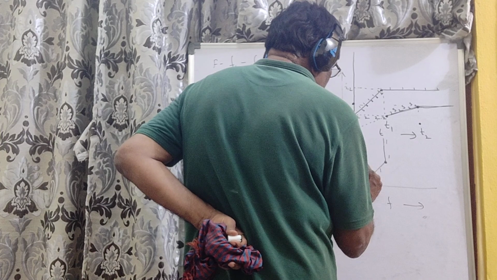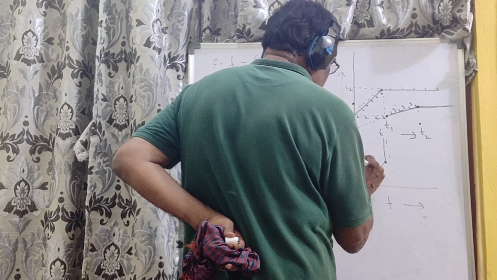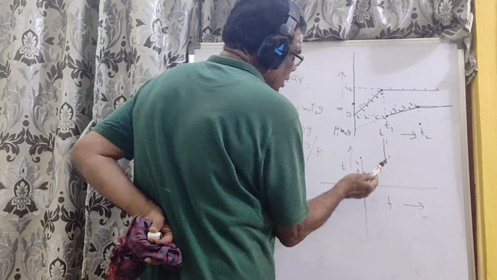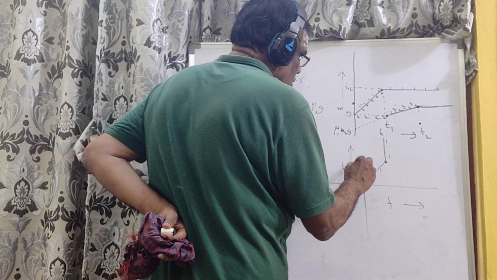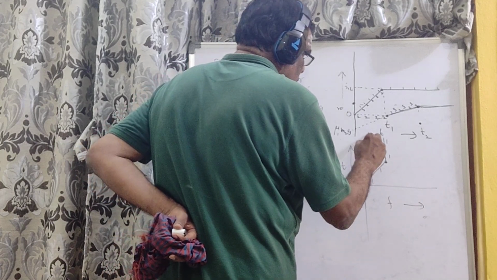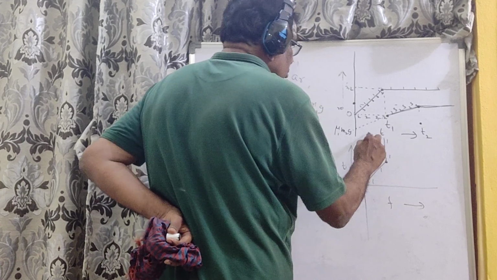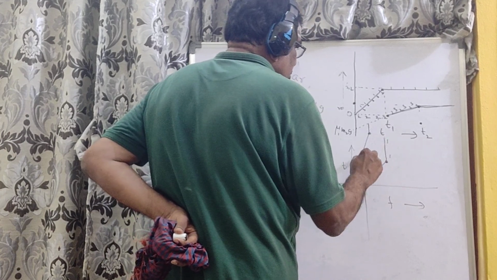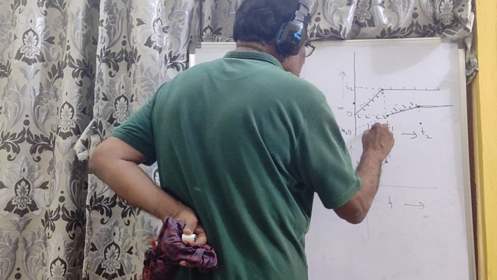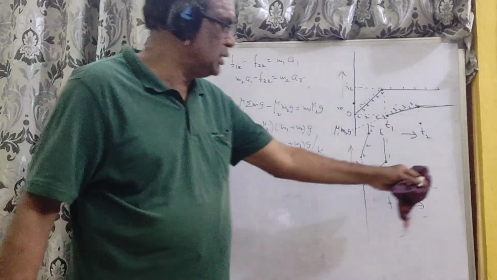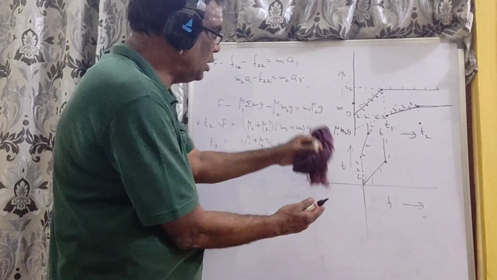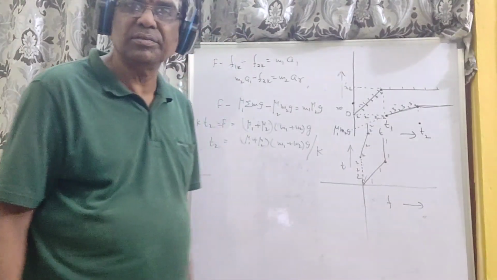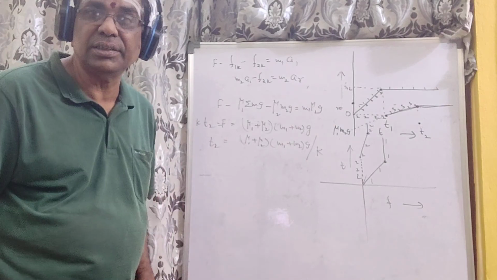And here, the slope should be no more. If F is like this and time is like this, likewise it will go. If you turn it, you will get this answer. I hope this is clear to you.